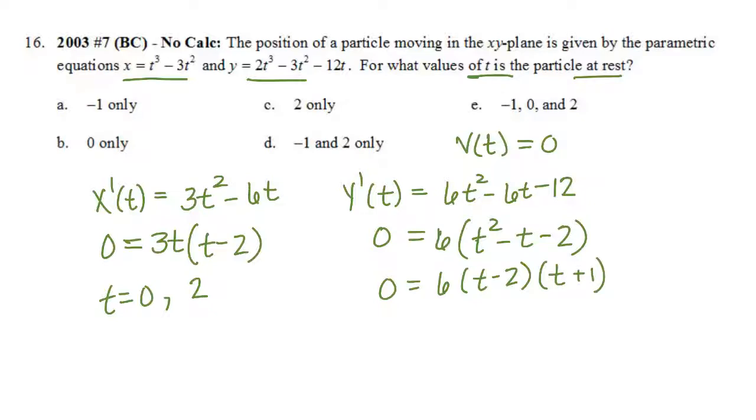And setting each part equal to 0, of course, 6 would go away. t equals 2 or t equals negative 1, but that negative 1 can be thrown out. So we would definitely do that. It's not going to count here. So the place where both of these are going to be 0 at the same time would be at time 2. So that's going to be answer choice C.